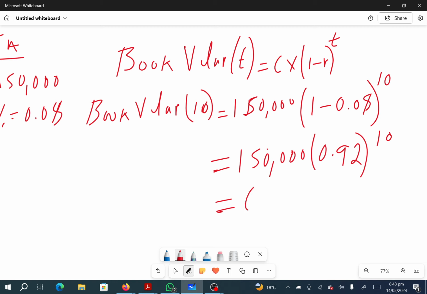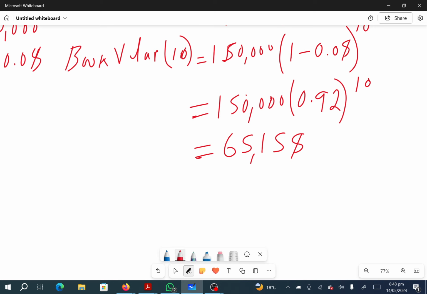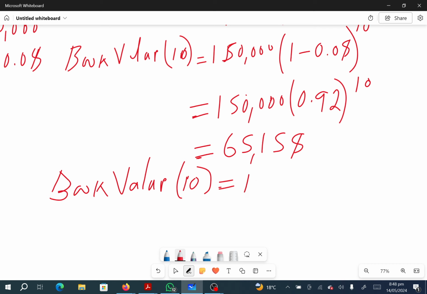So our final answer becomes 65,158. Therefore, our book value at 10 years is equal to 65,158.